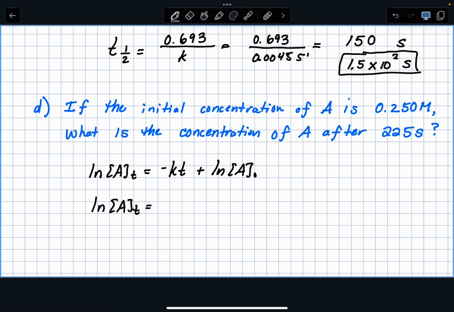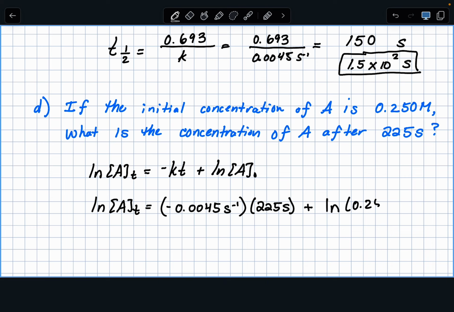And we'll talk a little bit about a math trick that we're going to use. And then we know that it's 0.0045 per second for K. And then the time was 225 seconds later. So those two units will be converted or changed. And then you're going to take the natural log of the initial concentration, which is 0.25.